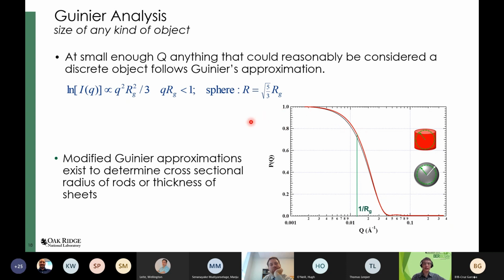Like I said, we can measure this RG quite precisely, even though shapes may be different. There are also modified Guinier approximations to this. So this is coming from this exponential rollover here that apply to measuring thicknesses of extended objects and things like that. I'll get to this in a second.